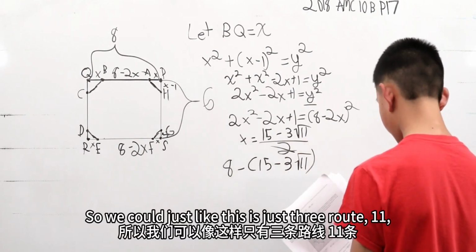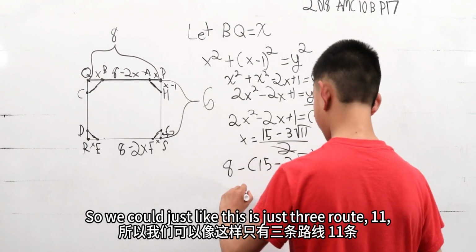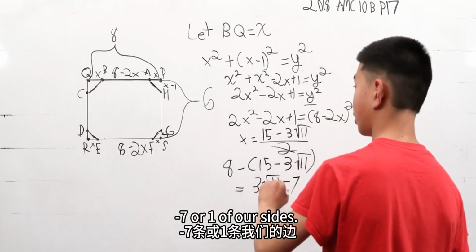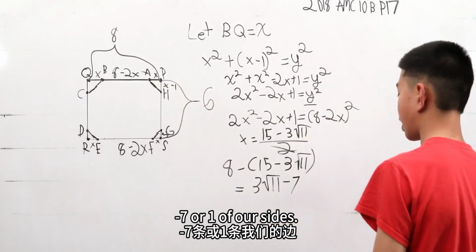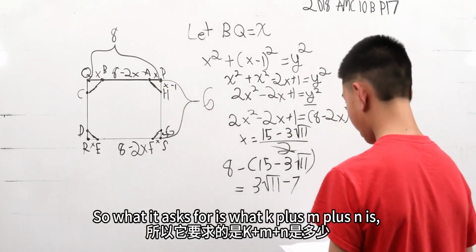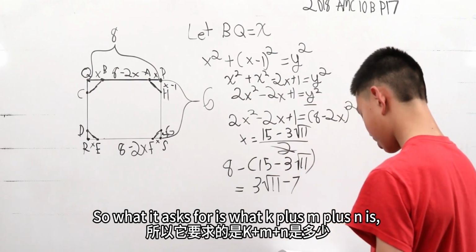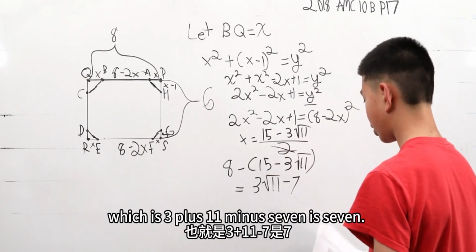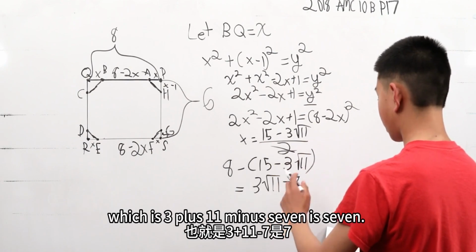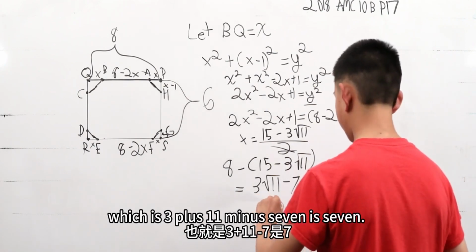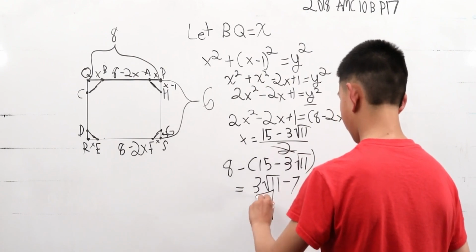So this is just 3 root 11 minus 7, or one of our sides. What it asks for is k plus m plus n, which is 3 plus 11 minus 7, which is 7. That's our answer.